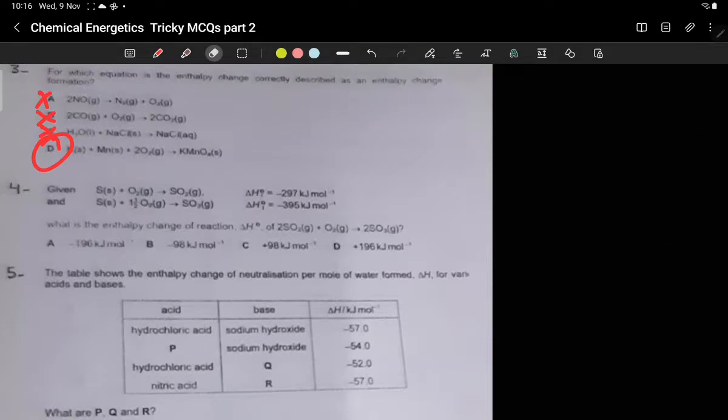First draw a triangle, which I have discussed in class. This is the chemical equation: 2 sulfur dioxide plus oxygen to form 2SO3. So we have to find out delta HR, the enthalpy change of reaction.